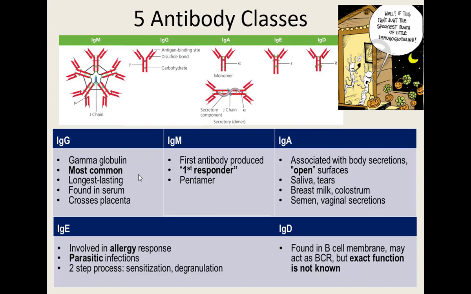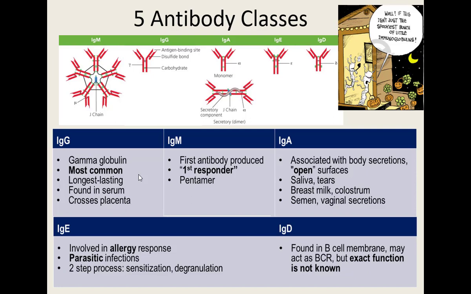IgG is the most common antibody that's produced in the body. Reason why it's the most common, this is the one that's always produced the most with every reoccurring infection. So IgM is always the very first one that will show up the very first time you're exposed to something.